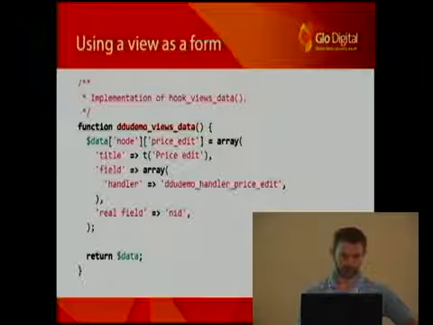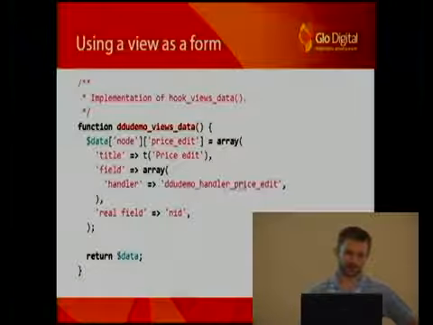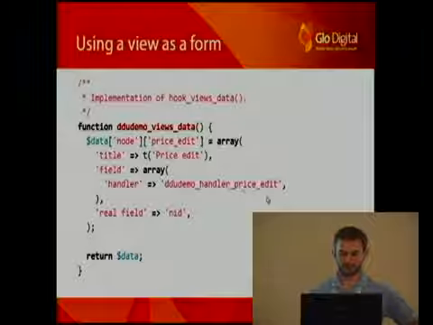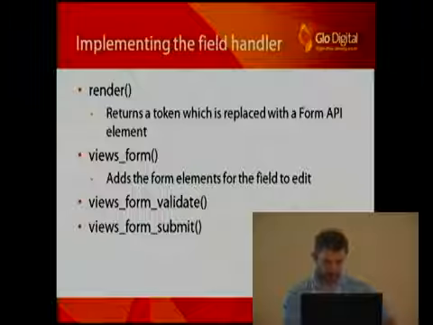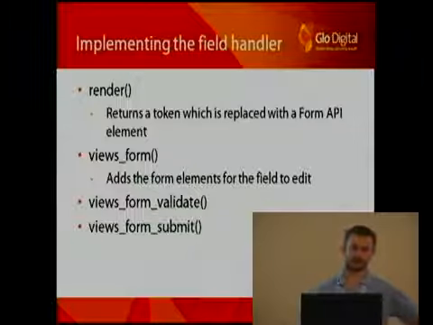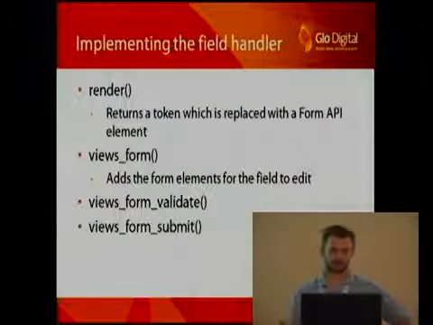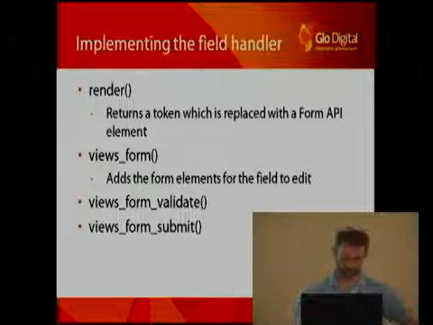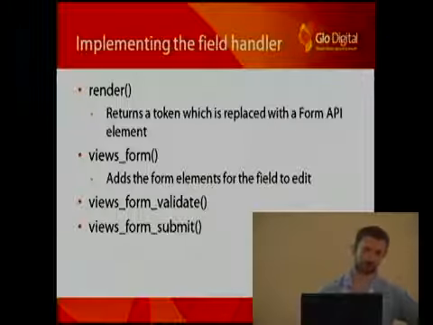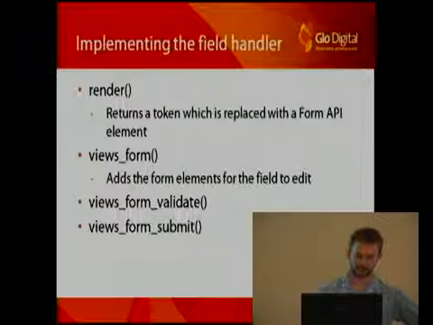In Hook Views data, again, basically we're saying our handler is called DDU demo handler price edit. Then implementing the field handler, there's basically two views related functions, and then just your standard form validate and form submit functions that if you've used form API before, you're probably used to.